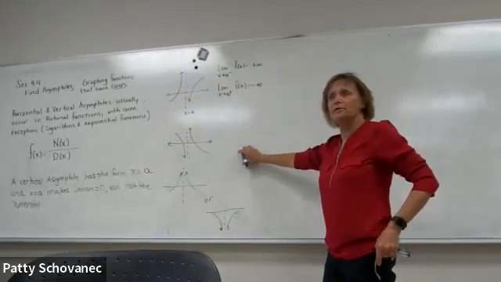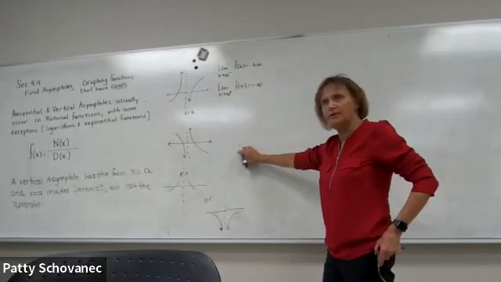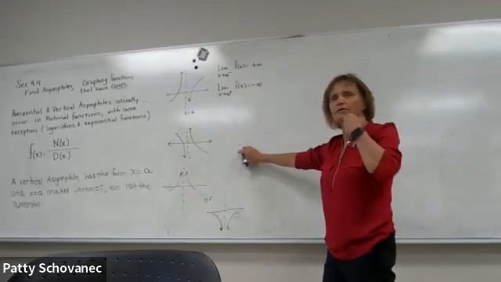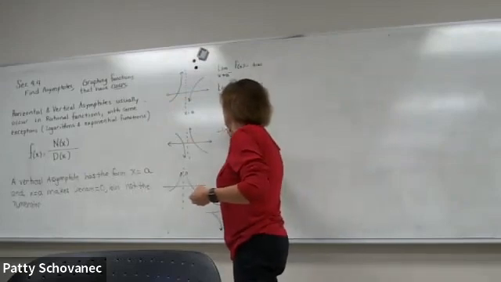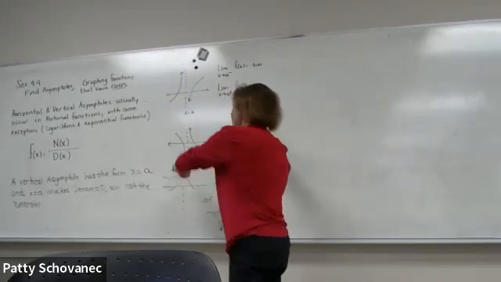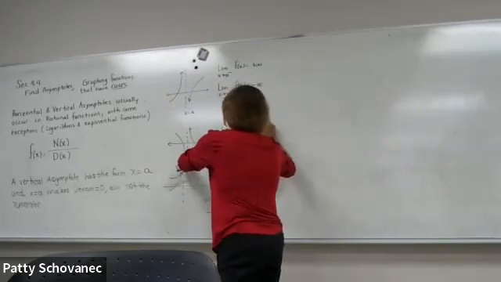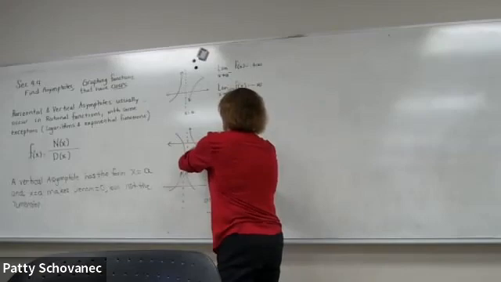The limit as x goes to A from the left goes to minus infinity, and the limit as x goes to A from the right goes to plus infinity. Here it goes down, and here it goes up.